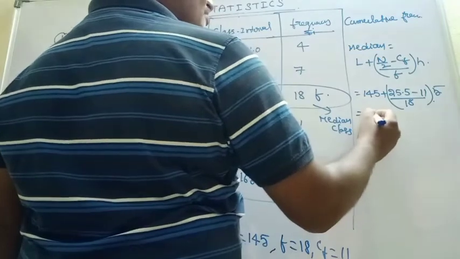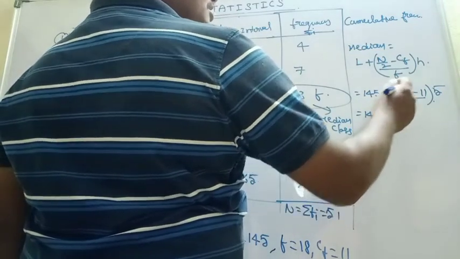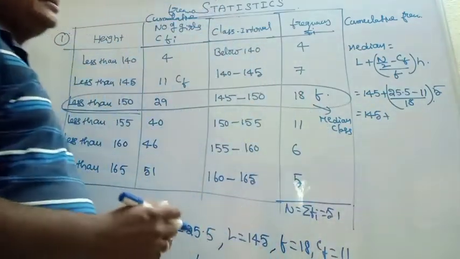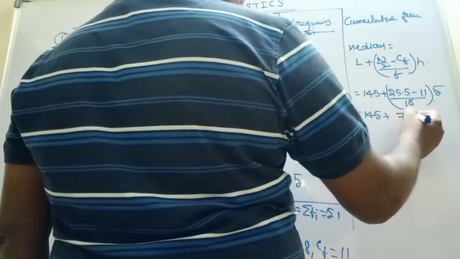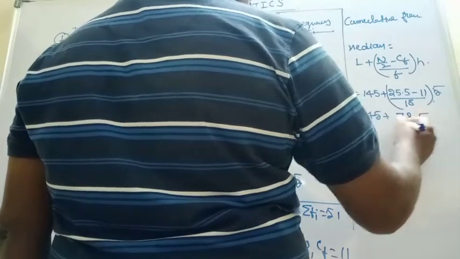Now this is 145 plus 25.5 minus 11, like 25.5 minus 11. That is what you are going to have, right? 25.5 minus 11 is nothing but 14.5 into 5, that is 72.5. This is now 72.5 by 18.